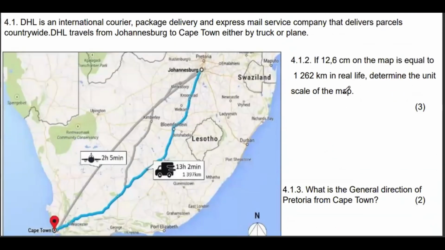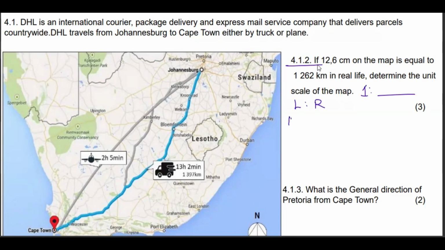All right, we look at the second question, 4.1.2. If 12.6 centimeters on the map is equivalent to 1,262 kilometers in real life, determine the unit scale. Unit scale will start with 1: and give a number. So what are we going to do? On paper is on the left and in real life is always on the right.